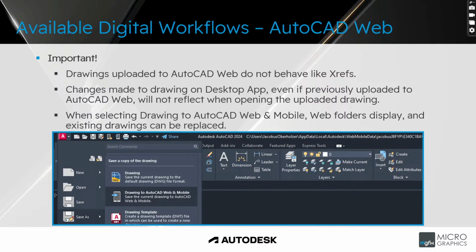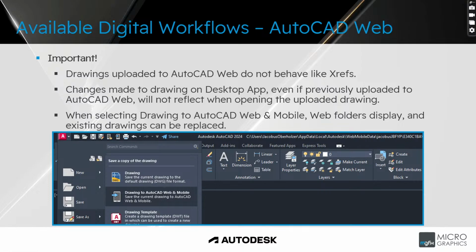But when you've made edits to a drawing or changed a drawing on your local device, and you select Save As, and then save the drawing to AutoCAD Web and Mobile, you'll be given the opportunity to replace the existing file on AutoCAD Web.